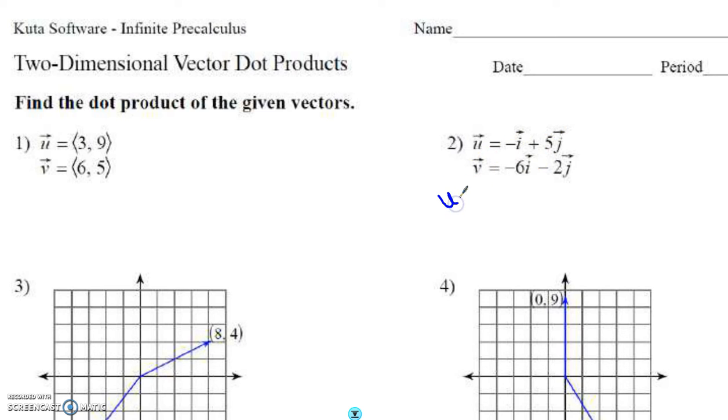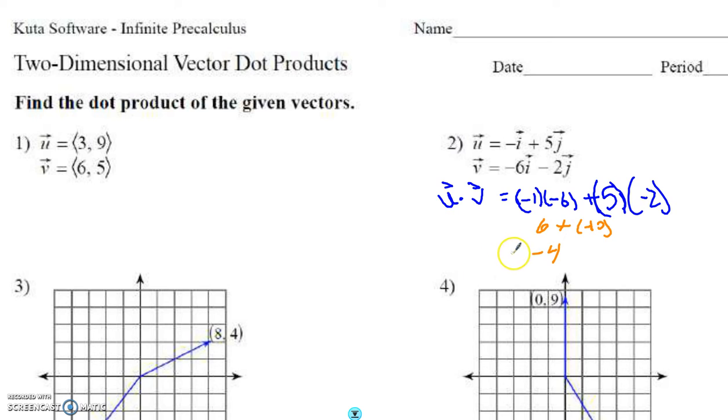So u dot v, that's an arrow, is equal to -1 times -6 plus 5 times -2. All right, so that's going to give us +6 plus -10, which equals -4. Okay, so there's our dot product.